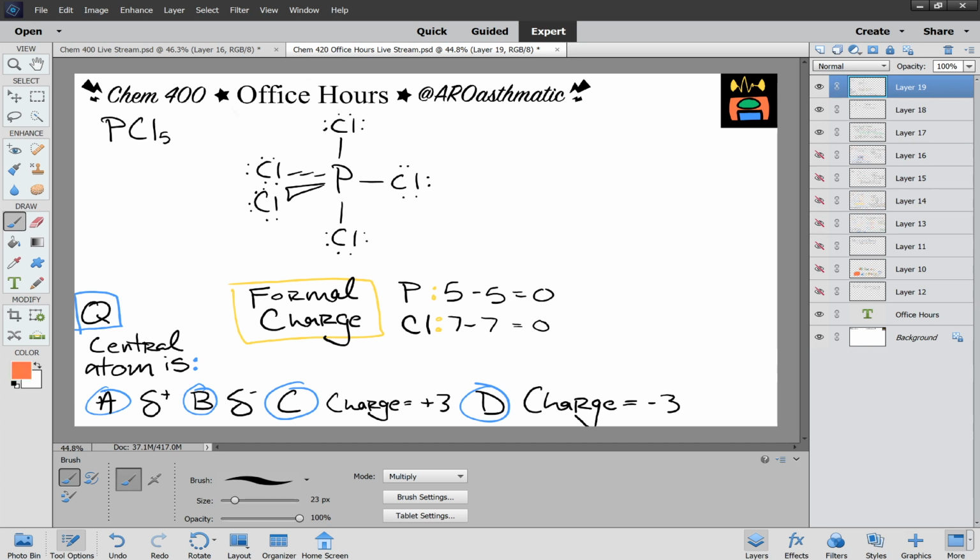All right. Now, what we just did, we calculated our formal charges. We see that our charge on our central atom, phosphorus, is 0. So we automatically know that D and C are wrong, right? It has no formal charge, so it's neither +3 nor -3. Now, what's this business about partial positive and partial negative?